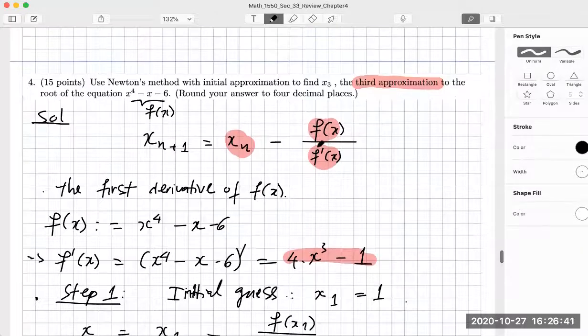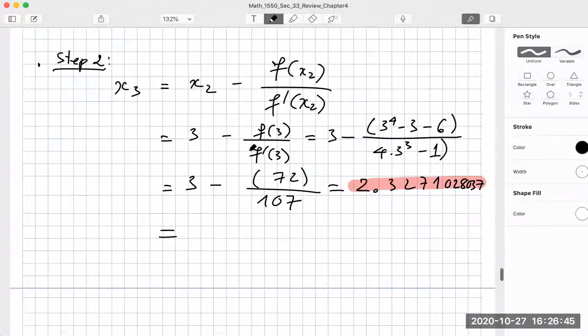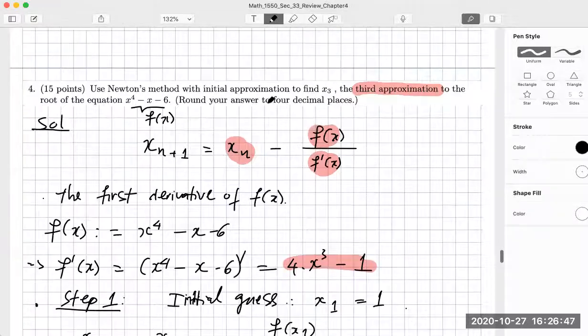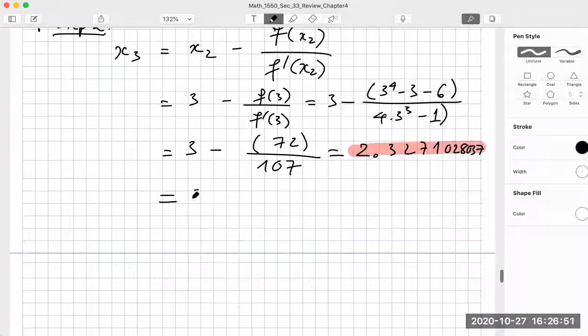We rounded the answer to 6 decimal places or 4 decimal places, so it will be 2.3271.